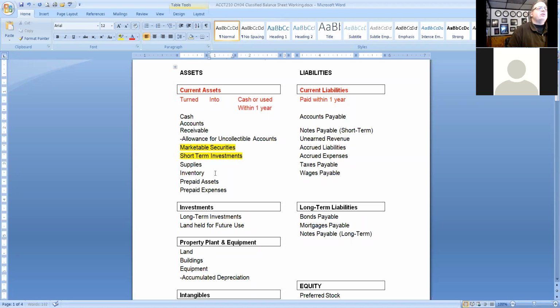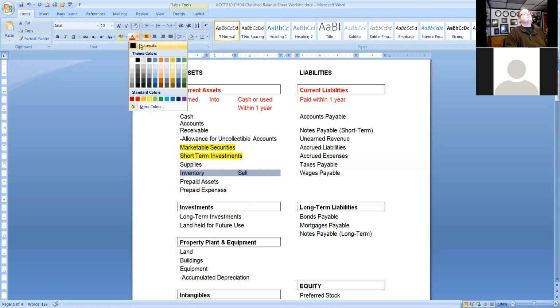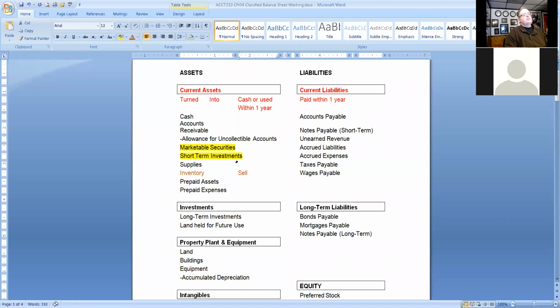Inventory is usually what you resell. So supplies are like office supplies usually. Paper.